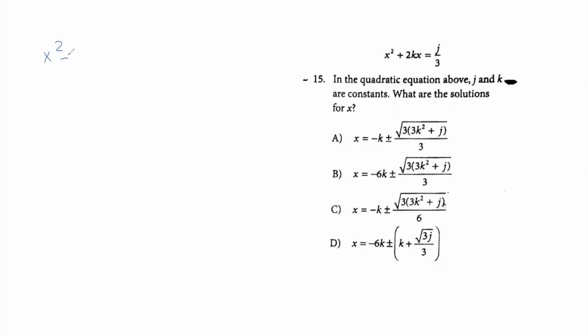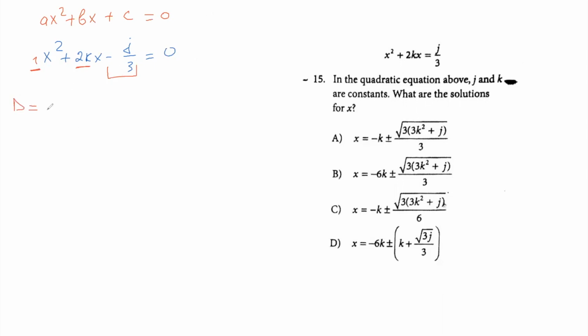In question 15, we just need to use the discriminant once again. x squared plus 2kx minus j over 3 is equal to 0. It is the same as ax squared plus bx plus c is equal to 0. This is a, which is 1. This is b, and this is c. So let's reuse the discriminant.